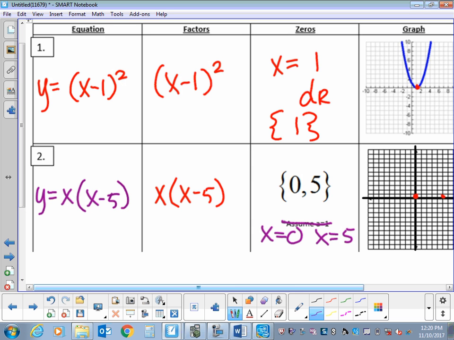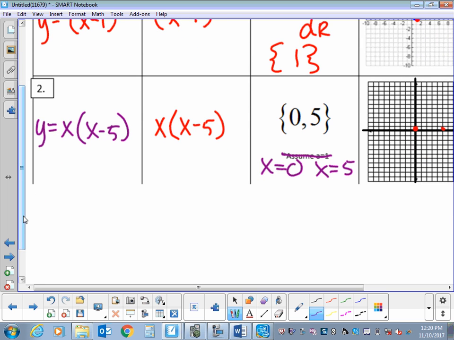If you want to factor it out, which you're perfectly able to do, you could also do x squared minus 5x. It's the same thing. Your equation, you can FOIL it out or you can leave it in factored form. I will accept either one.